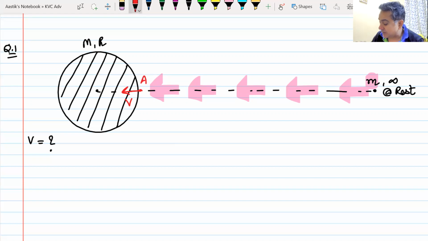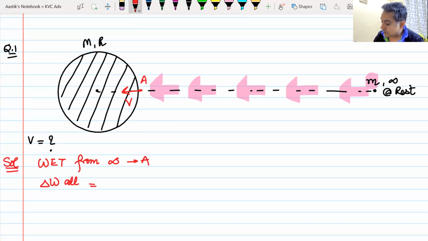So that point is infinity. This point is A. What I'm going to do here is apply the work energy theorem from infinity to A. What does the work energy theorem state? Work done by all forces is equal to change in kinetic energy.